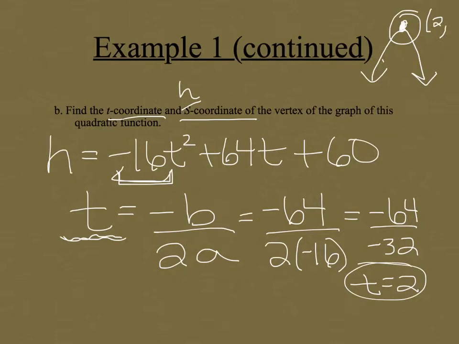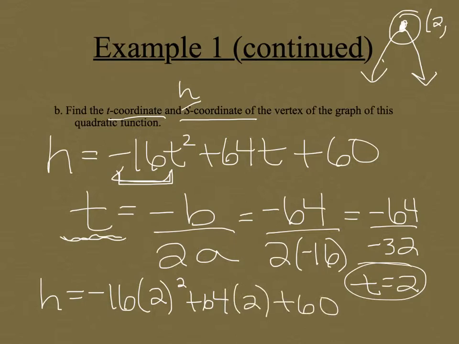So to find the height of the ball at 2 seconds, I'm going to say h equals negative 16 times 2 squared plus 64 times 2 plus 60. All I've done is I've substituted x equals 2, or t equals 2, back into the equation, and I'm going to determine the height of the ball at 2 seconds.